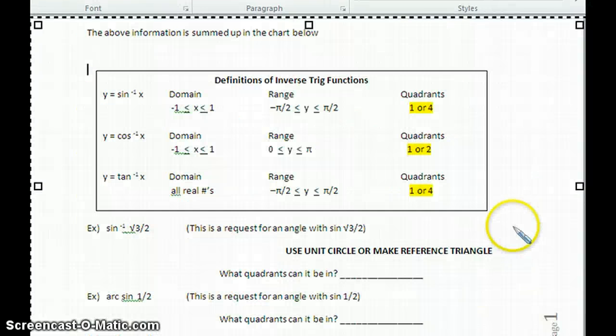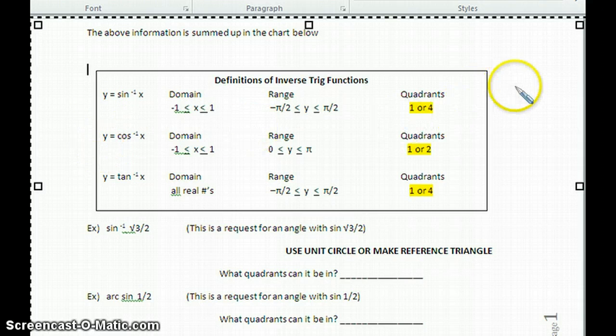By looking at the graph, like I did in the previous example, the graph showed us that there was only a specific portion of the sine graph that would work for the inverse to be a function. And I could do the same for the cosine graph and the tangent graph. For the sine graph, I had to limit the domain between negative pi over 2 and positive pi over 2.